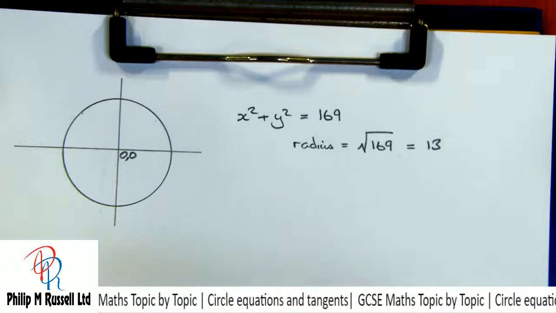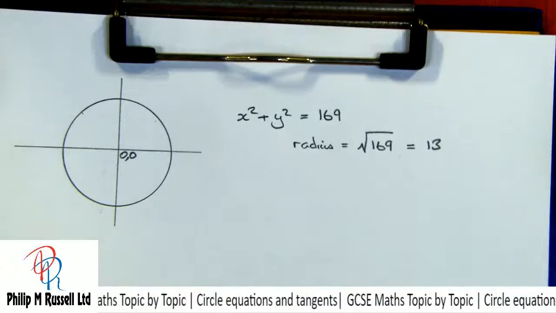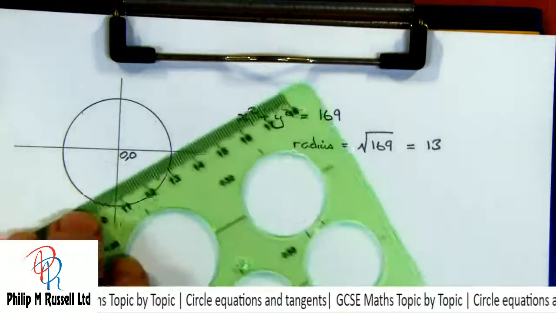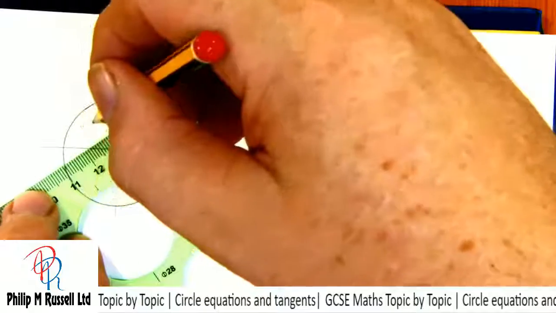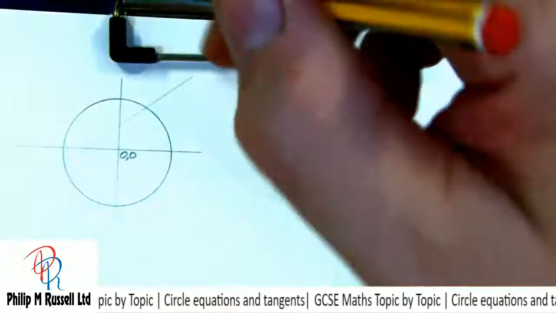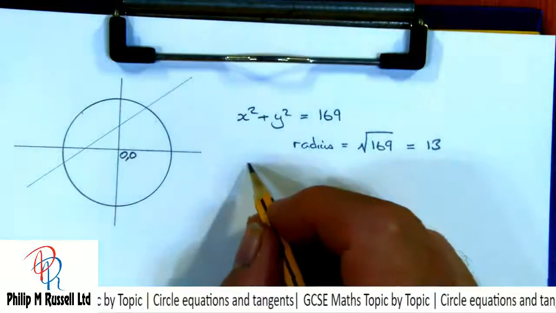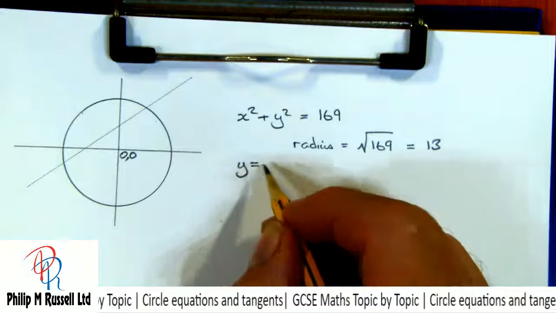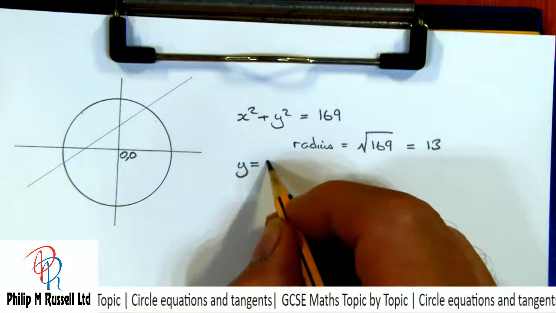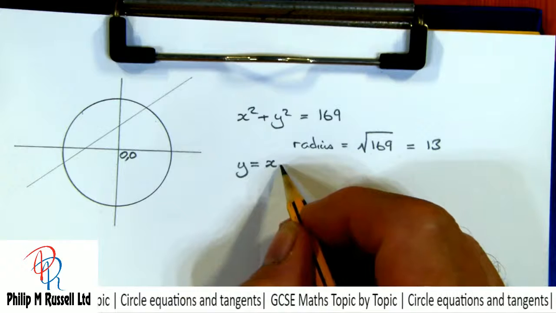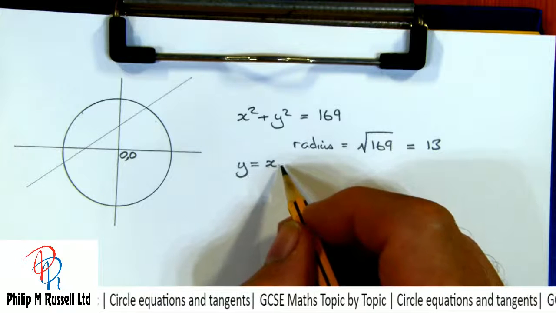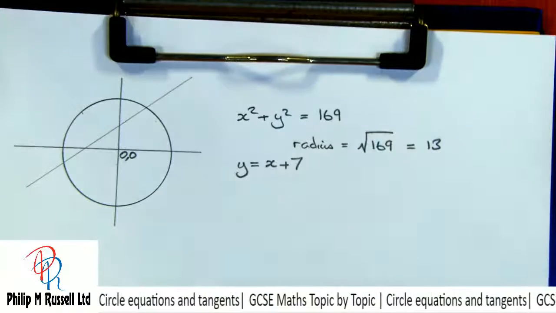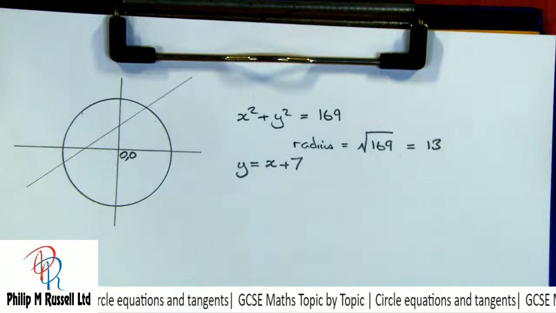Now this circle is going to intercept another line, and we'll have the line y equals x plus 7. Let's see how that one works.